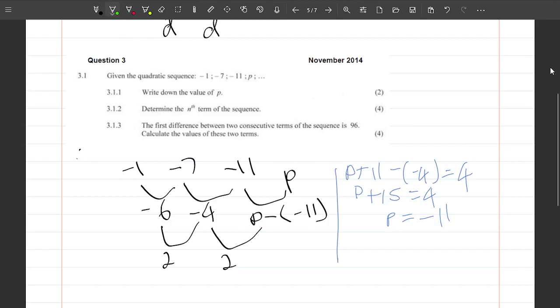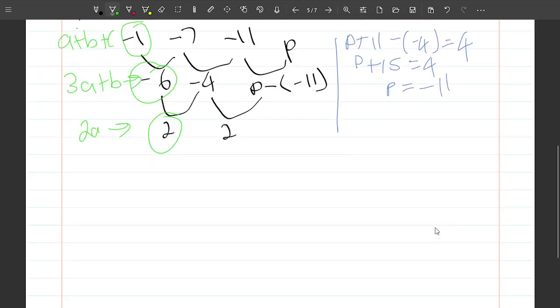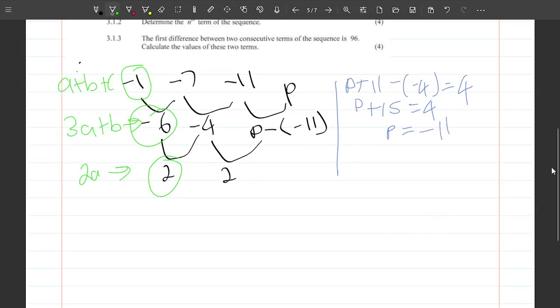Based on the fact that it's a quadratic number pattern, we should keep in mind that the first layer is the layer of 2a, and the next layer is the layer of 3a plus b, and the last layer is the layer of a plus b plus c. Okay, and I'm of course taking my first values of each pattern that arises from my quadratic number pattern.